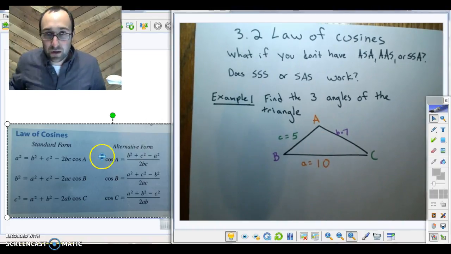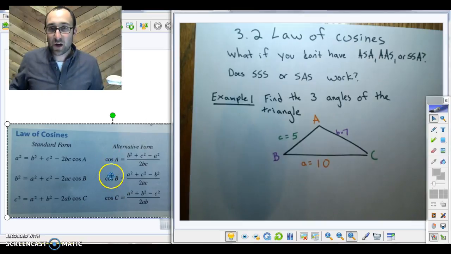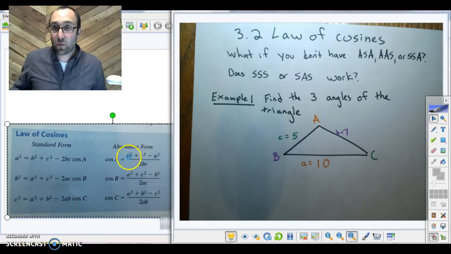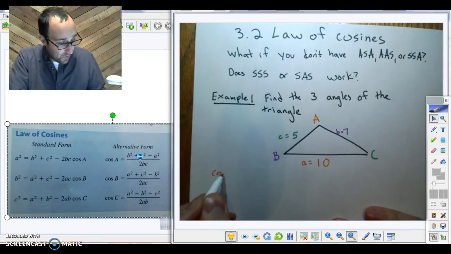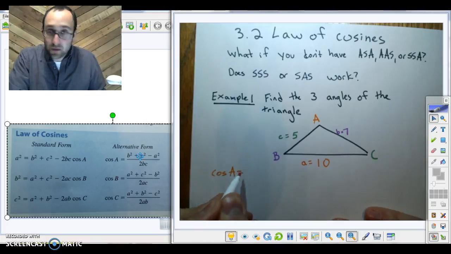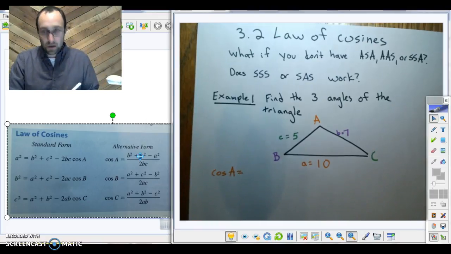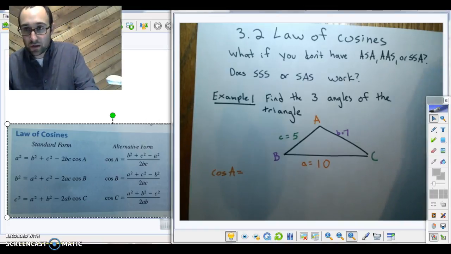So let's go look here and say cosine A. Now these letters are just arbitrary, but it kind of helps you figure out where all this stuff is going to go and where it comes from. So cosine of capital A is going to equal B squared.